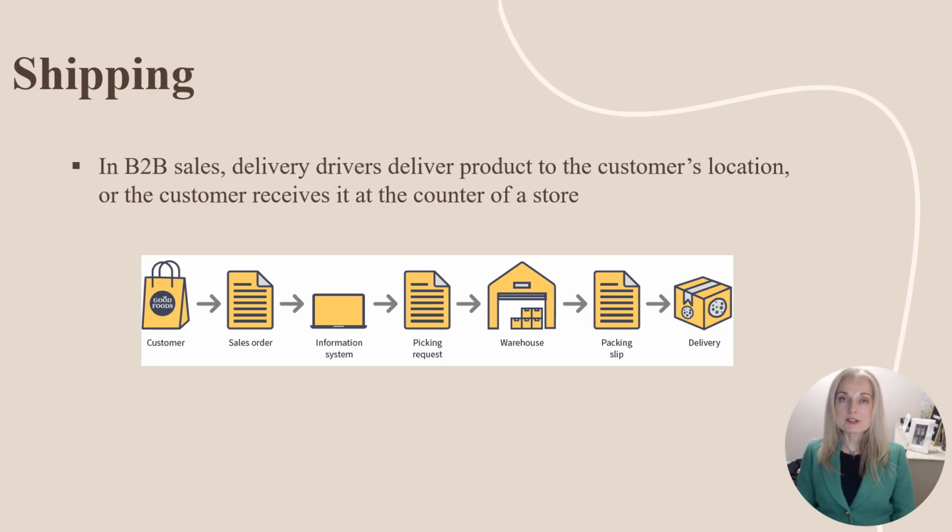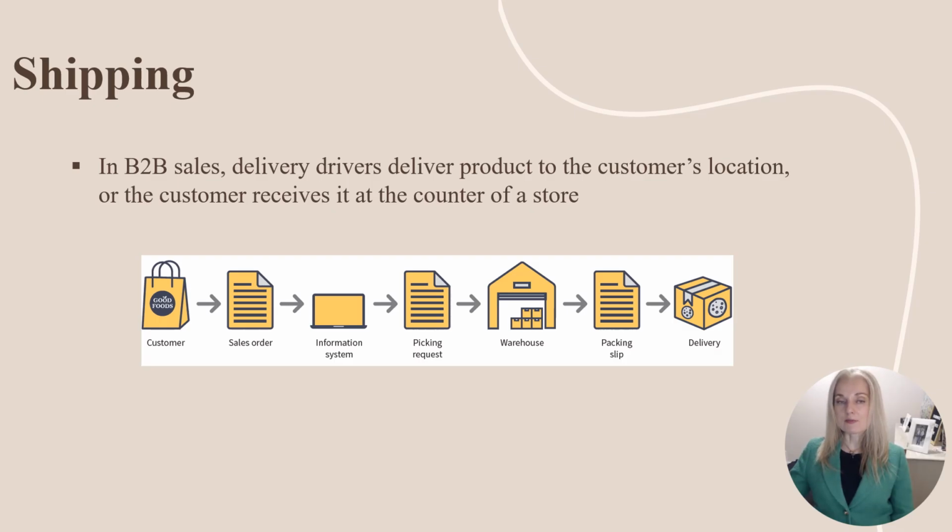With our business-to-business customers, they can either pick up the order at the business, whether it's a warehouse, storefront, or manufacturing facility, or they can opt for having the product delivered to them. Either way, the customer would generate a sales order. That order would get inputted in our information system.